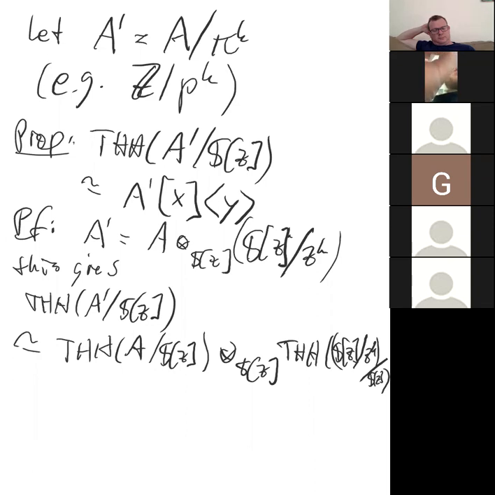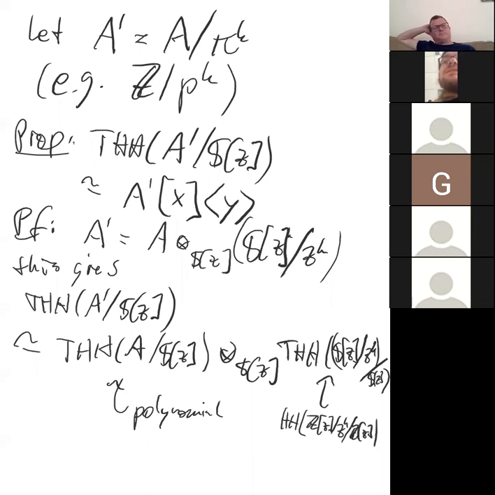Okay, and then you should think of this guy as contributing the polynomial generator. And this guy has to do with the Hochschild homology of truncated polynomial algebras relative to the polynomial algebra. It's not the same, but somehow we're base changing to a Z algebra here. So this is somehow related to this, and that guy is just a polynomial guy. So you can, from some kind of Künneth formula, get our claim.